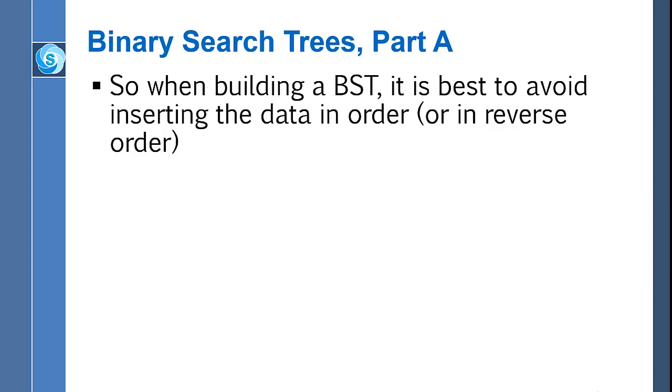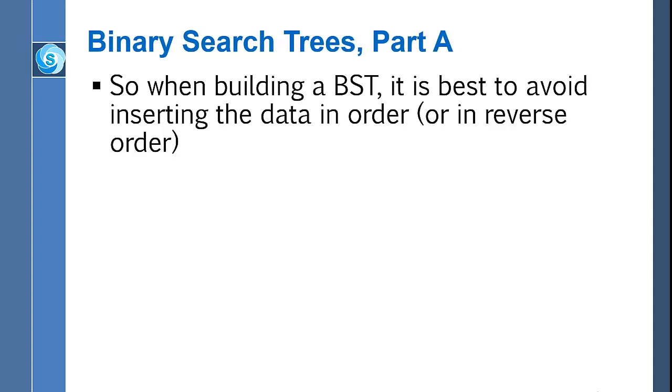Notice how we wound up building an unbalanced binary search tree. We did that by inserting the data in its natural order, right? 2, then 3, then 5, and so forth.